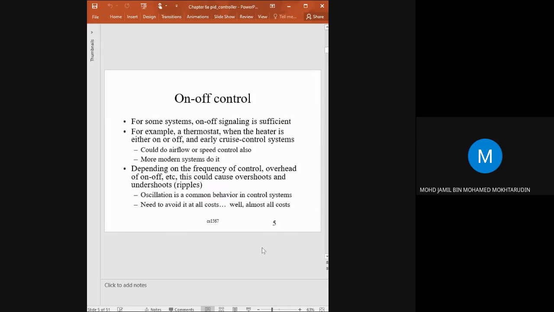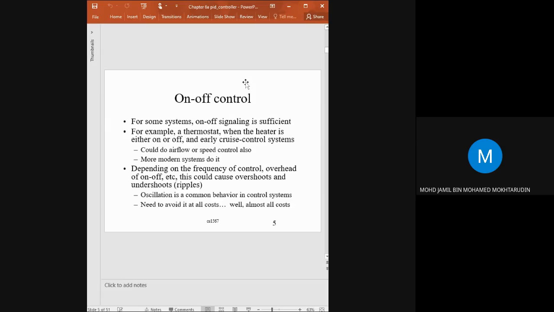So the simplest controller in a system is on and off control. For example, like your switch in a room. Let's say you want to brighten your room, so you open the switch to allow the lamp to turn on, and when you want to turn off the light, then you just switch off the switch.